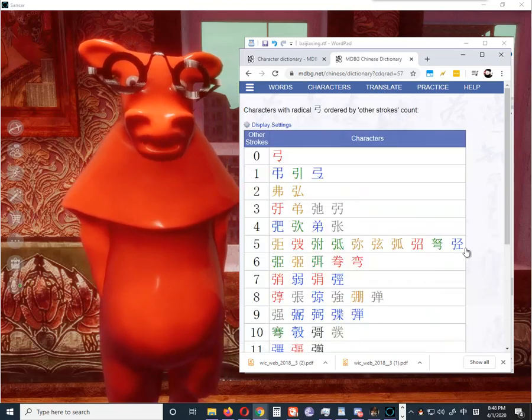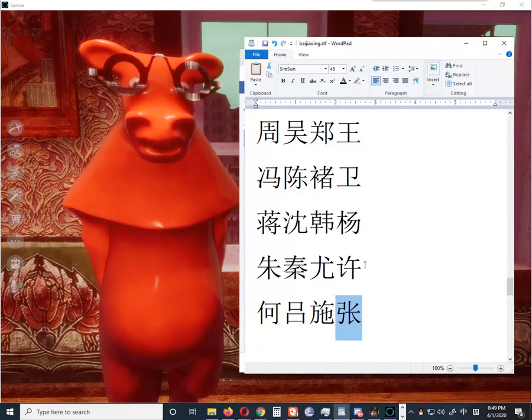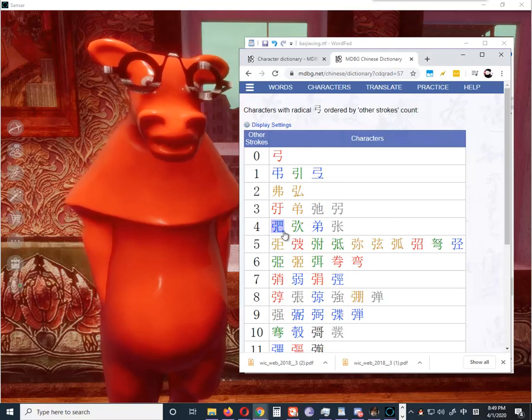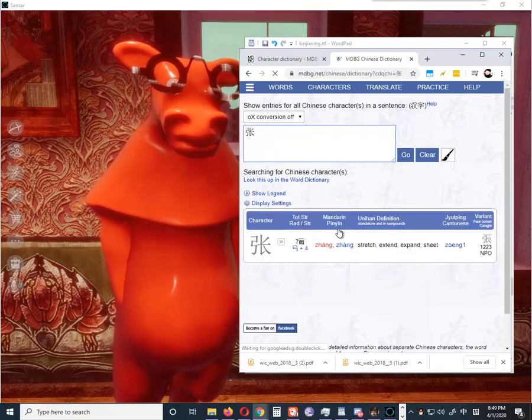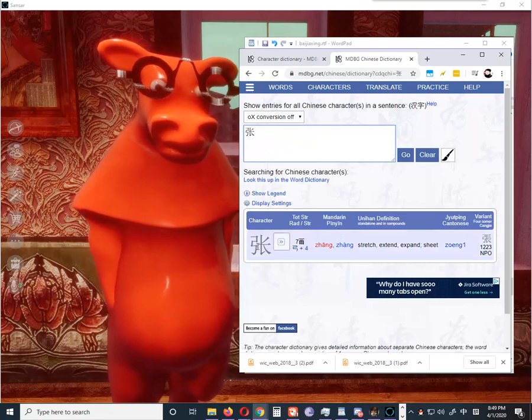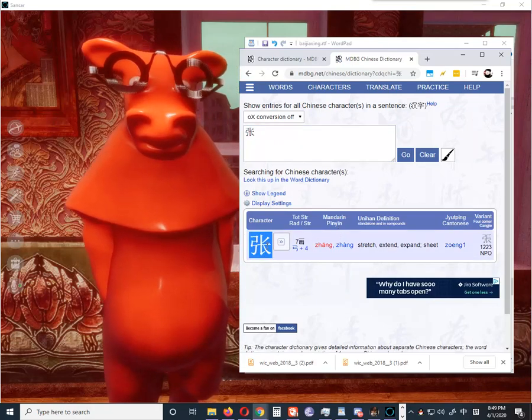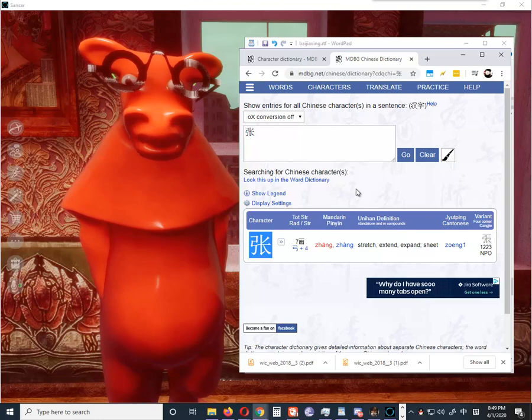And then we have a chang, and it's got 1, 2, 3, 4 or 5 strokes. Sometimes that little hook. Yep, there it is. Zhang. Okay.